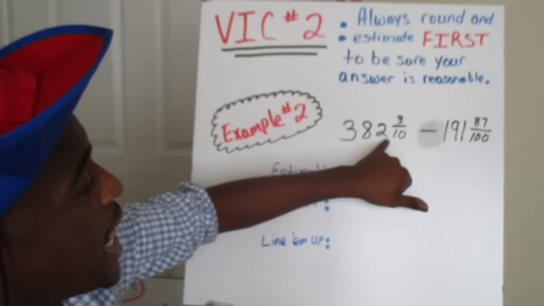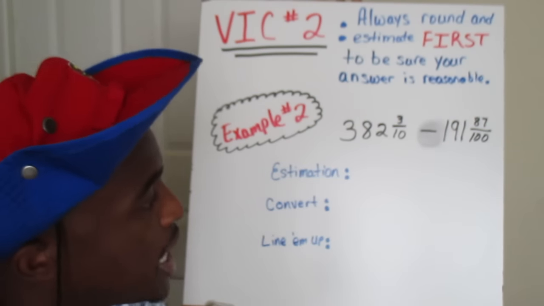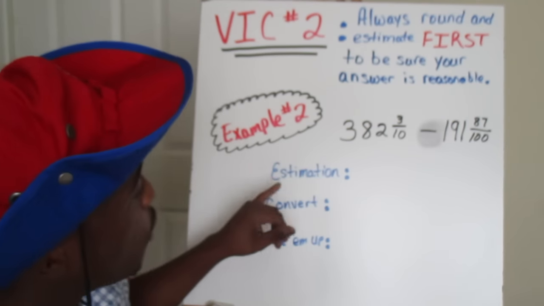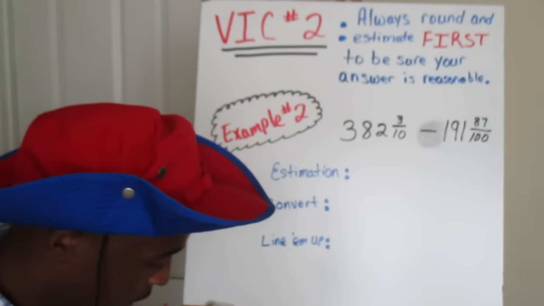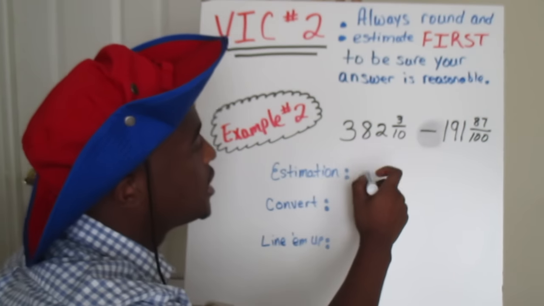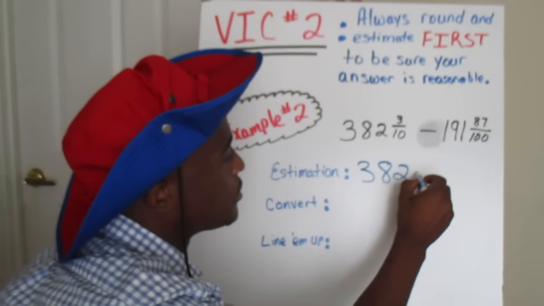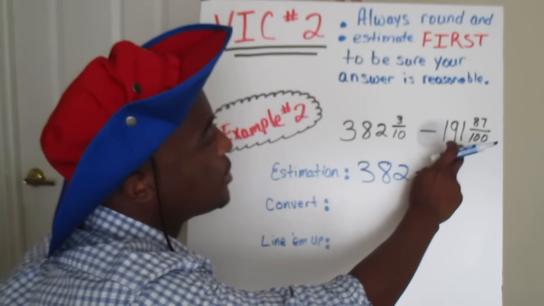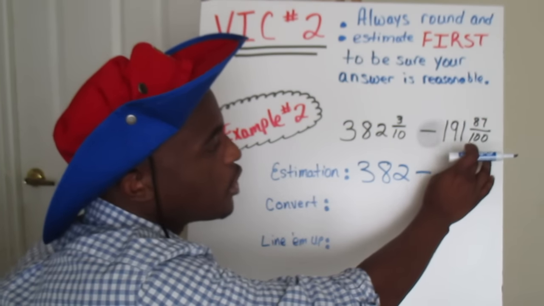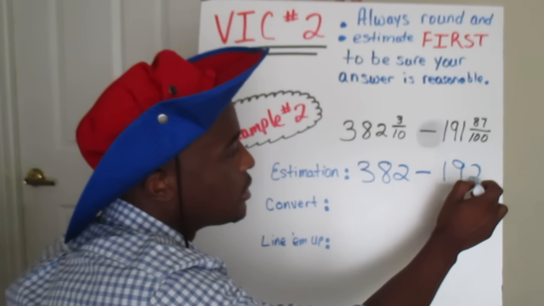I have 382 and 3 tenths, subtract 191 and 87 hundredths. Well, my first step is to estimate. I know that 382 and 3 tenths is real close to just 382. 191 and 87 hundredths, well, this is almost another whole, so I would round this to 192.